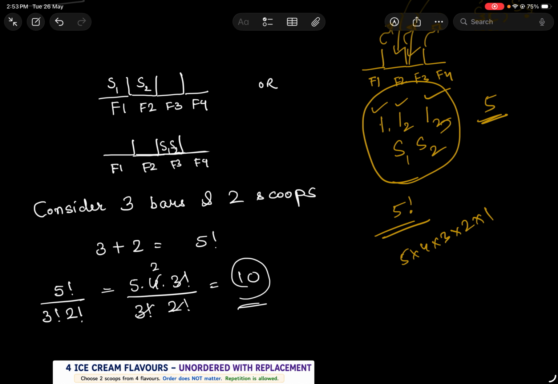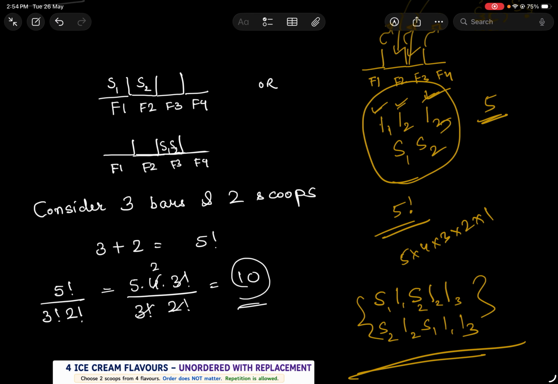But again, these 3 sticks are the same. We have defined them as 1, 2 and 3, but they're actually the same. So if I have scoop, stick, scoop, stick, and if I have S2, S1, this is actually the same.